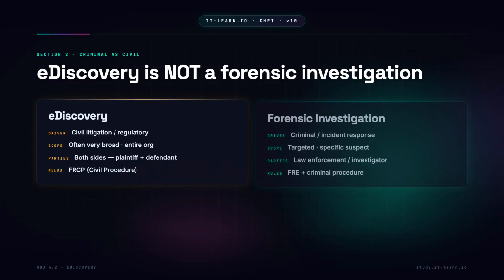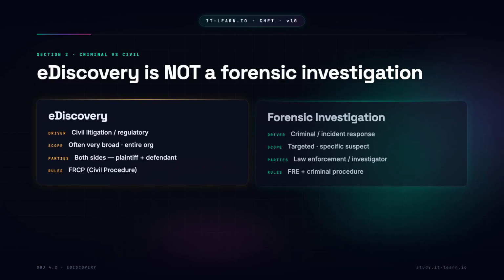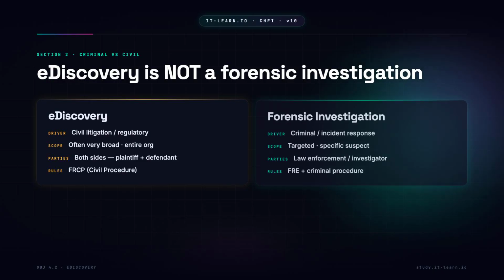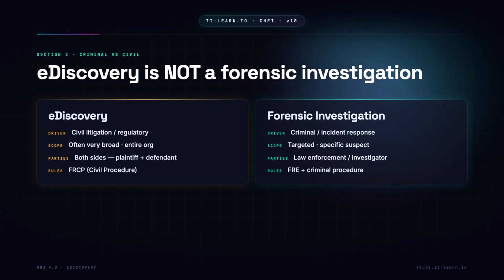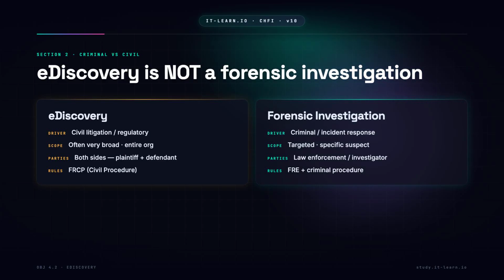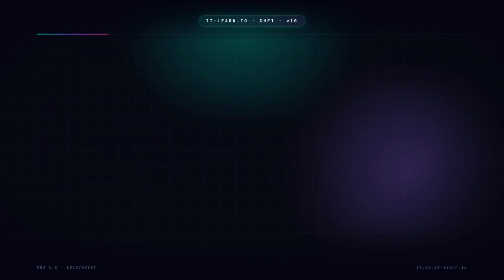Federal Rules of Civil Procedure, FRCP. Scope is often huge. Entire organization, thousands of custodians. Output: reviewed documents for production. Forensic output: a report for court. Different worlds. But the chain of custody discipline is the same. Lose the chain in eDiscovery and you lose your client's case. Lose it in forensics and you lose the prosecution.